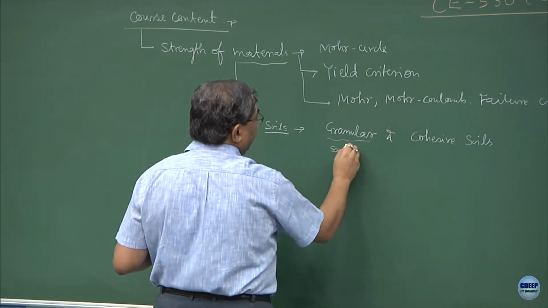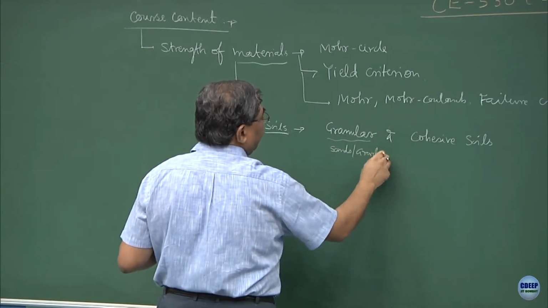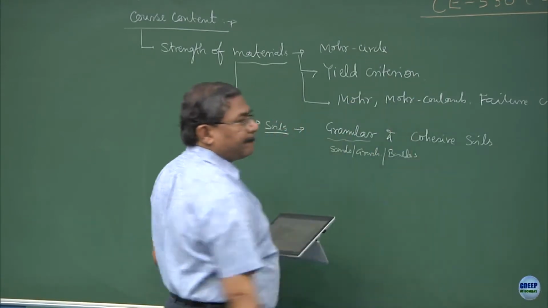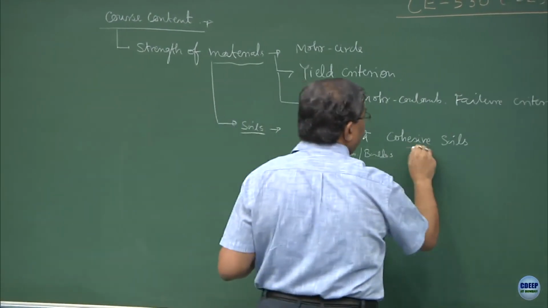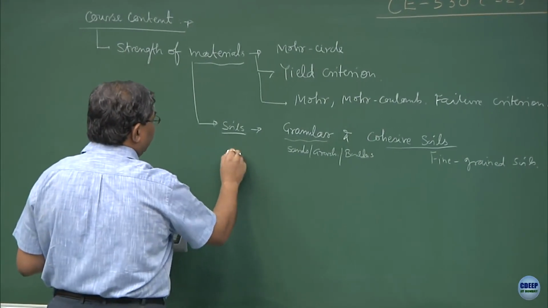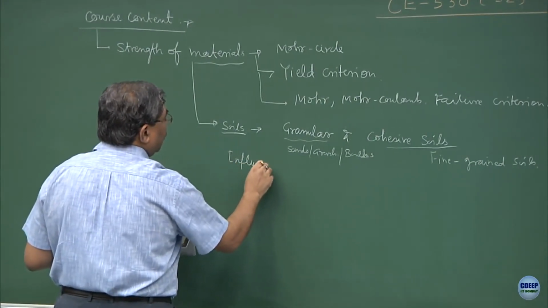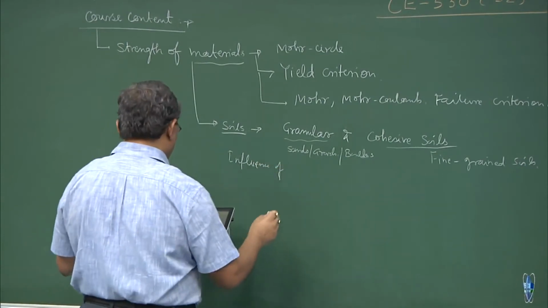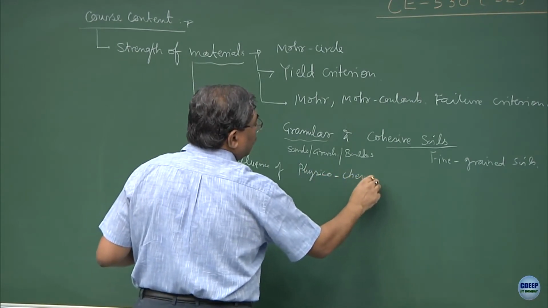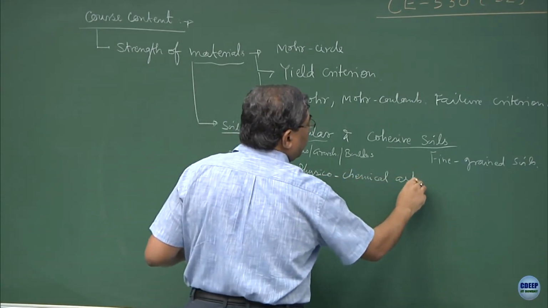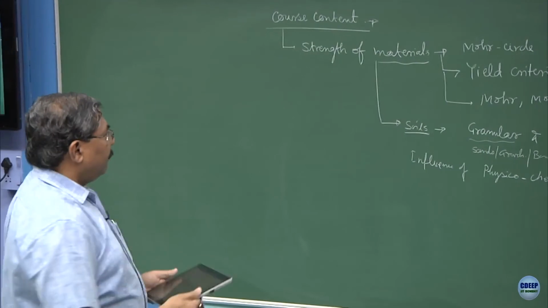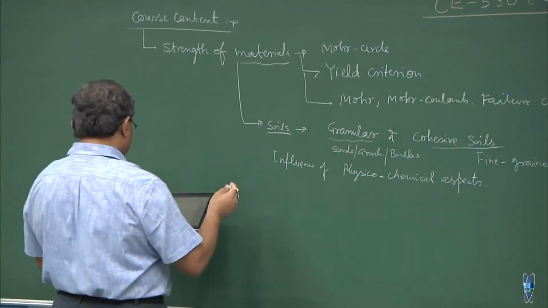So, sands, gravels, boulders, etc. And cohesive soils are the fine grained soils. This is where we will be talking about the influence of physico-chemical aspects on the strength of the materials, shear strength of the materials. We are mostly interested in shear strength determination of the soils.